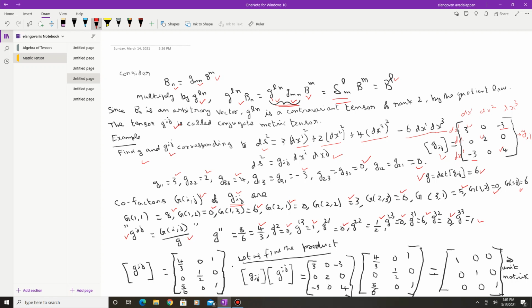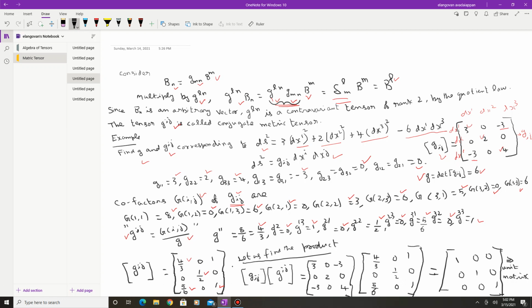The contravariant components are expressed with G11 as 4 by 3, G13 as 1, G22 as 1 by 2, and G31 as 5 by 6.